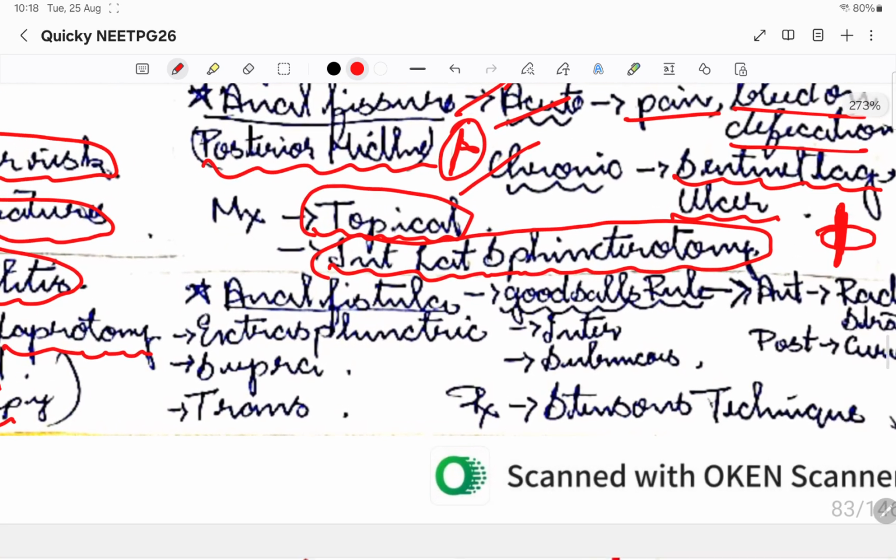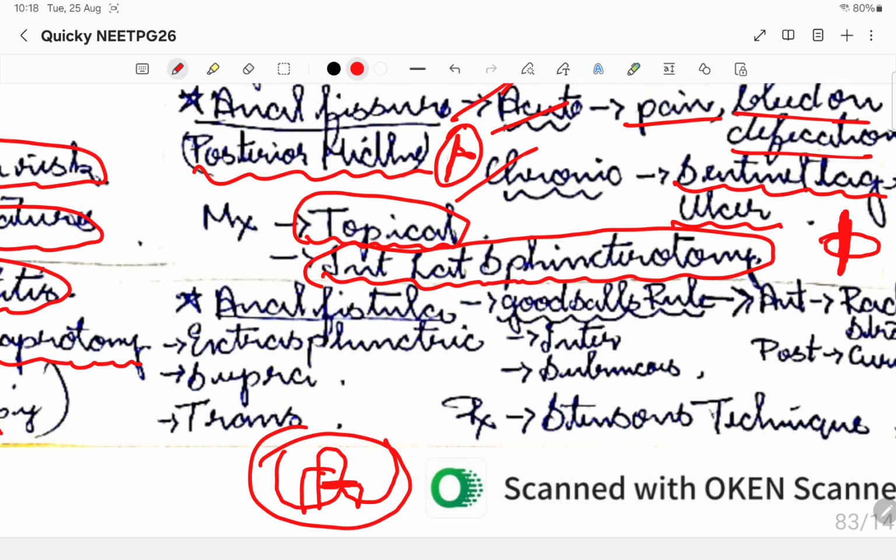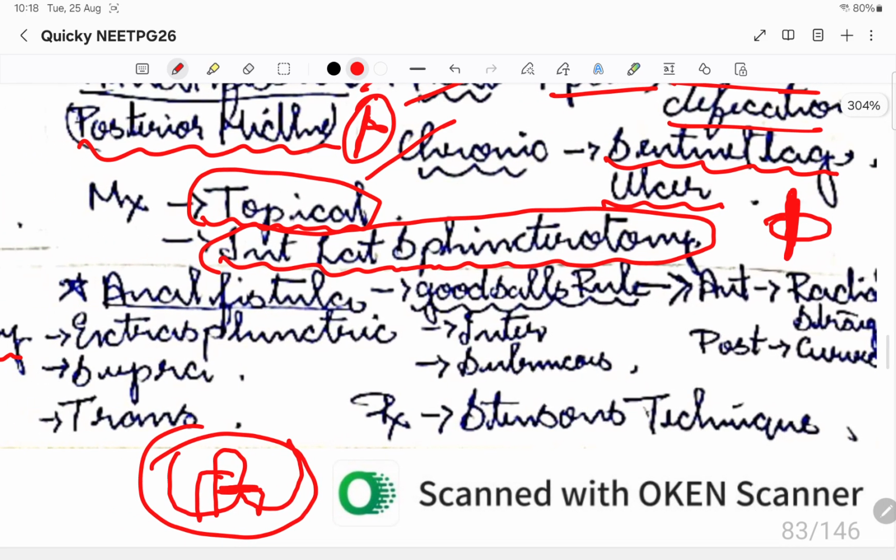Okay, then the last thing, that is anal fistula. Please go through the types and images with respect to anal fistulas. There can be extrasphincteric, suprasphincteric, and transsphincteric. So these are the types of anal fistulas that might happen. There is something called Goodsall's rule.